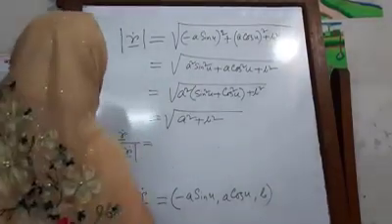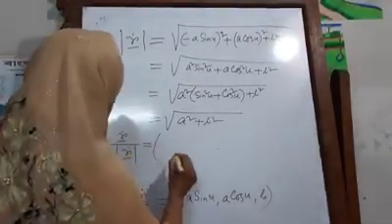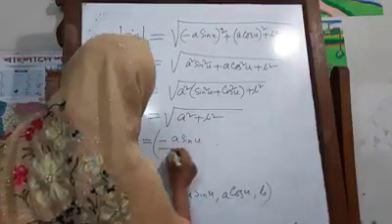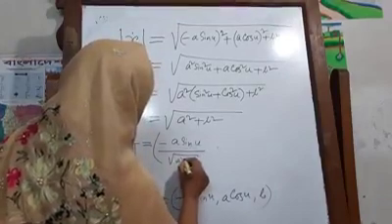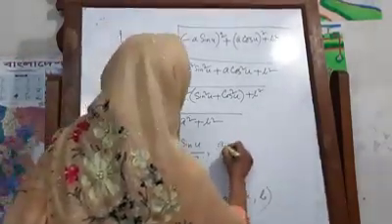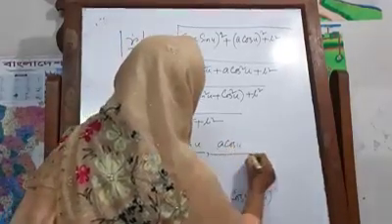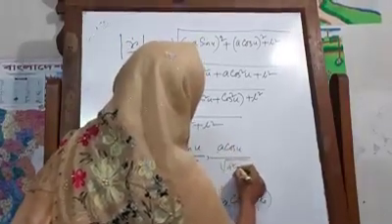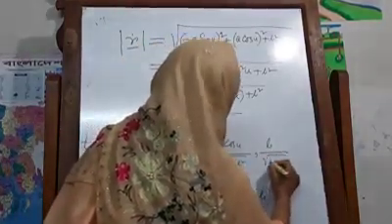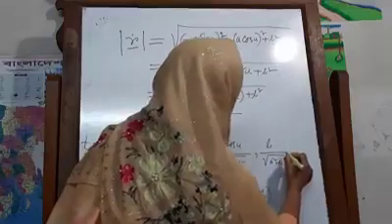This is equal to minus a sin u divided by root of a square plus b square, a cos u divided by root of a square plus b square, b divided by root of a square plus b square.